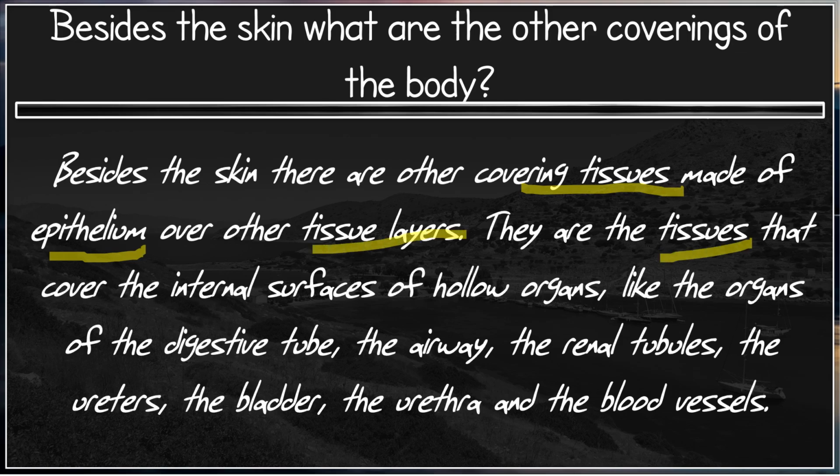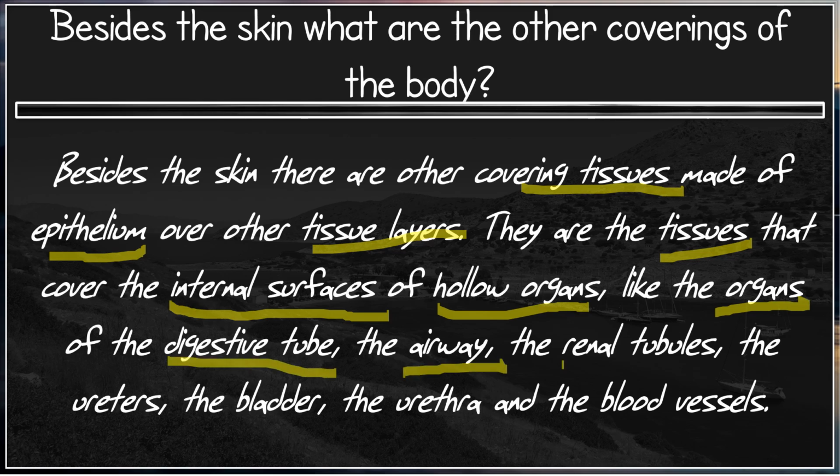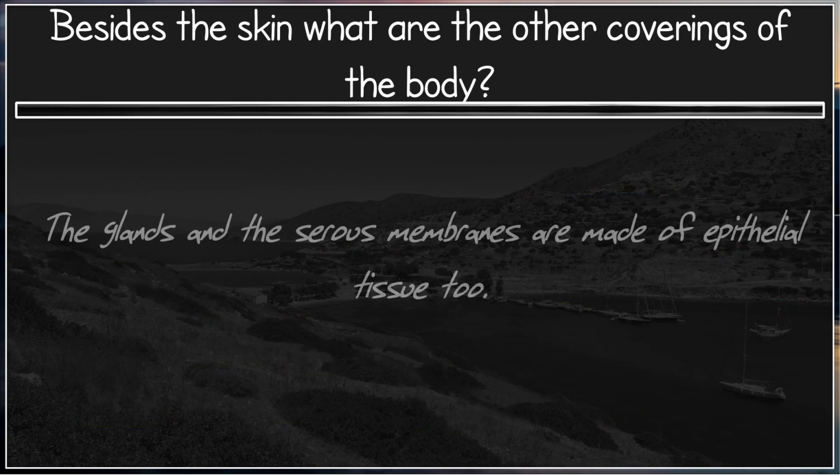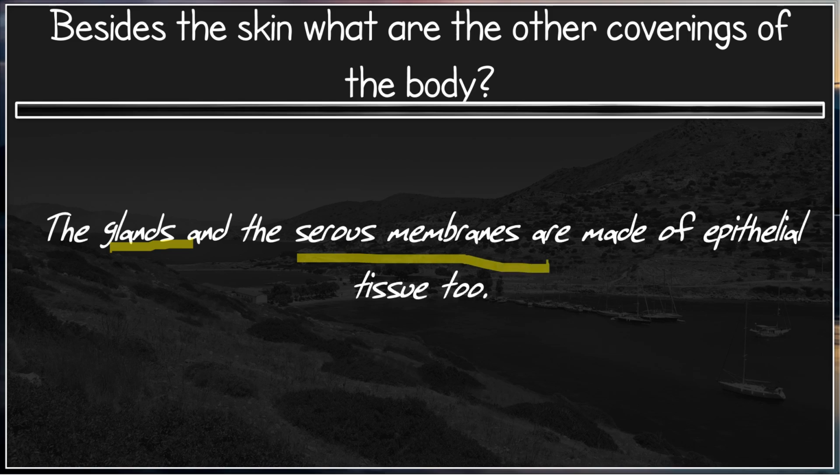They are the tissues that cover the internal surface of whole organs, like the organs of the digestive tube, the airways, the renal tubes, the ureter, the bladder, urethra, and blood vessels. The glands and serous membranes are made up of epithelial tissues too.